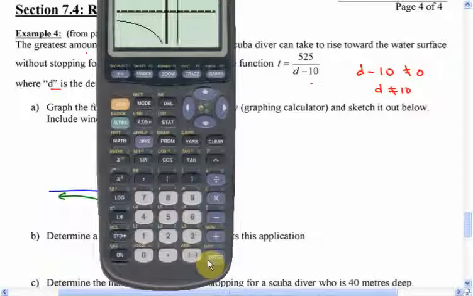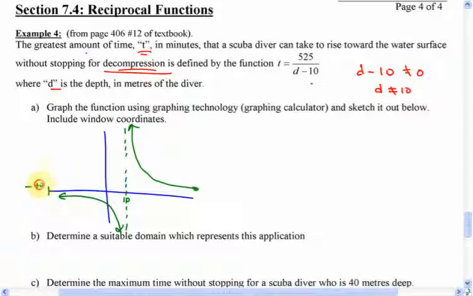Dayon, is this one that you like? Sure. So your window coordinate is negative 40, 40. Let me label this: the x-axis is your depth, and your y-axis is your time.